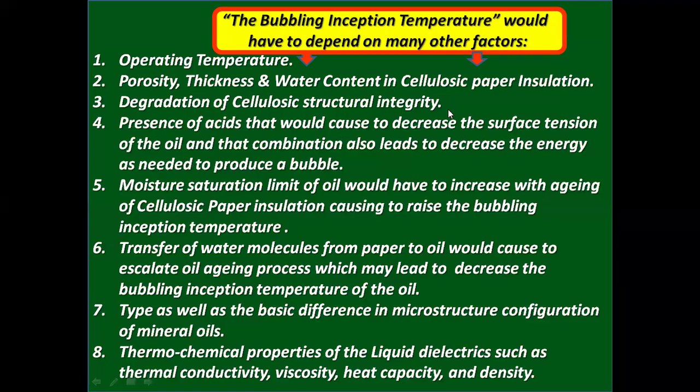Number seven, type as well as the basic difference in microstructure configuration of mineral oils. Number eight, thermochemical properties of the liquid dielectrics such as thermal conductivity, viscosity, heat capacity, and density.